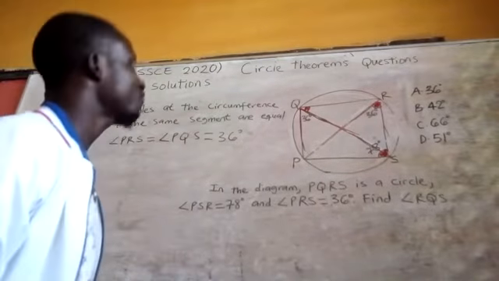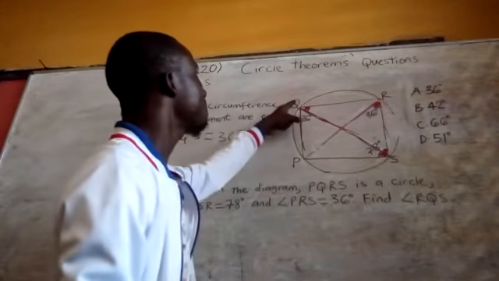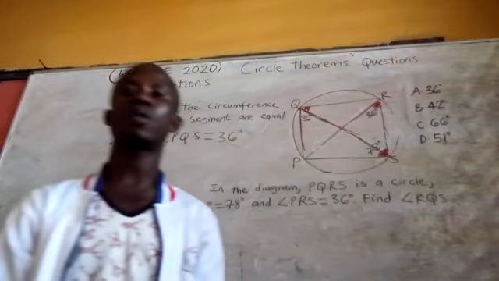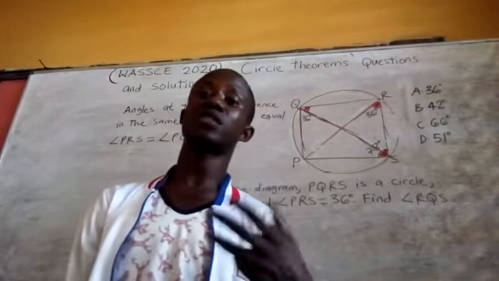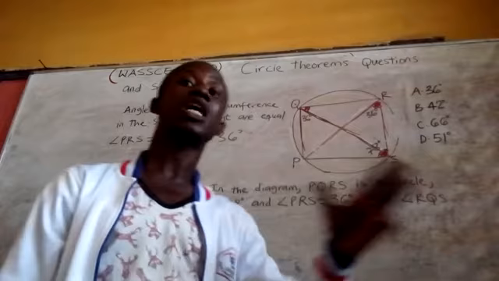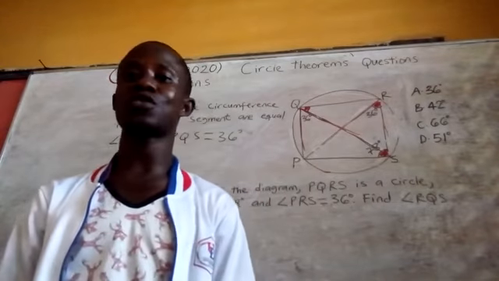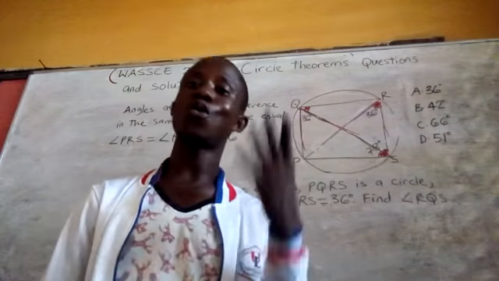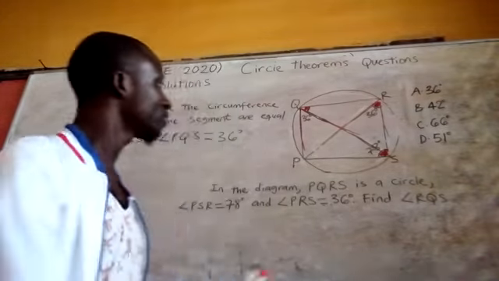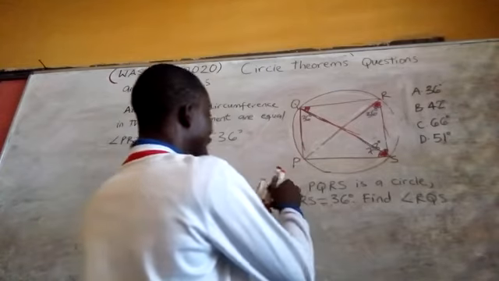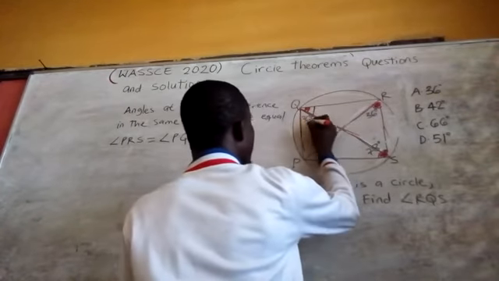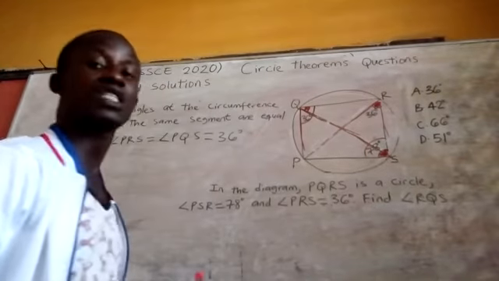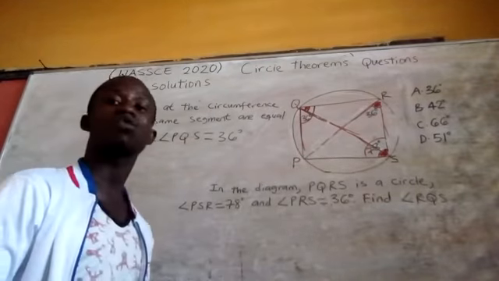Now we can identify quadrilateral QRSP as a cyclic quadrilateral because it has been inscribed within a circle, and each point of the quadrilateral touches the circumference of the circle. Therefore, opposite angles sum up to 180 degrees. So we can see that the angle from here plus the angle here will sum up to 180 degrees because this is a cyclic quadrilateral.